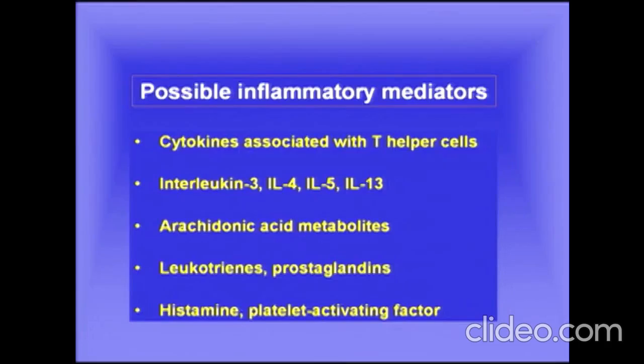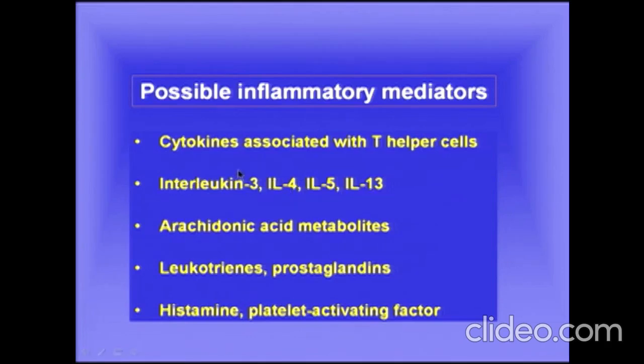So let's go on and look at the possible inflammatory mediators. Now, there's a whole variety of these, and I should emphasize that research on the mechanism of asthma is a very active area, and things are changing all the time. But here are some of the inflammatory mediators that have been recognized. For example, there are cytokines associated with T helper cells. These include a variety of interleukins, as you can see here.